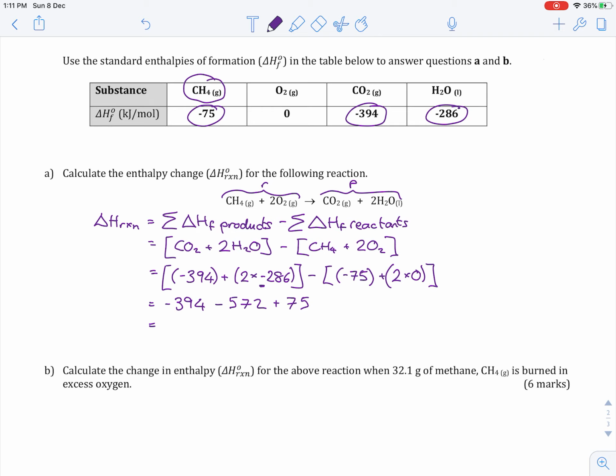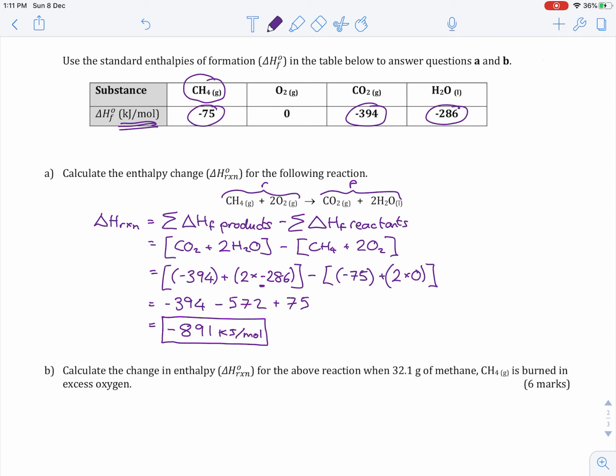And you should find out that your total answer is minus 891 kilojoules per mole. And where did we get this unit from? Well, looking up here, we've got kilojoules per mole, so that's how you're going to end up with that as your unit. So there we are, answer for part A.